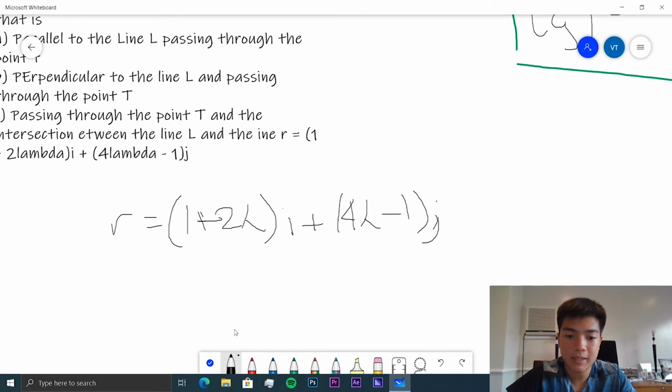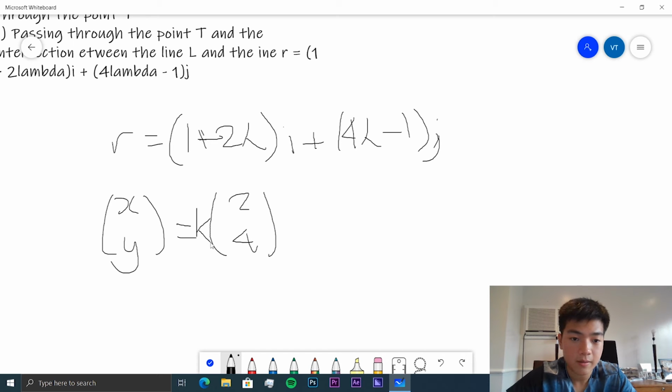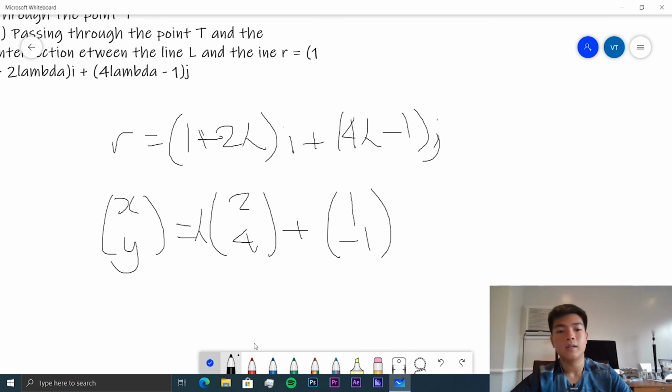If we want to rewrite this in vector form, this is equal to (x, y) is equal to lambda times (2, 4) plus (1, -1).